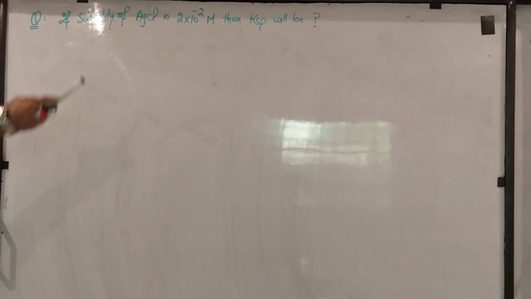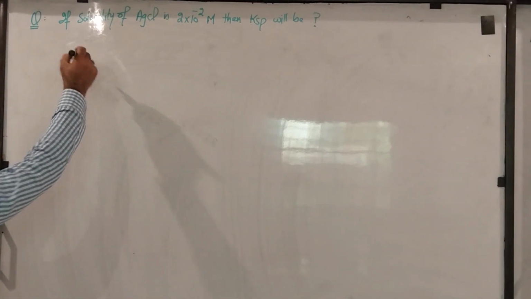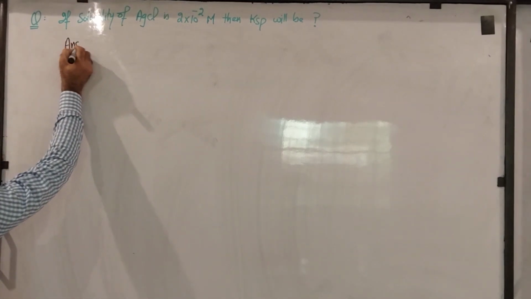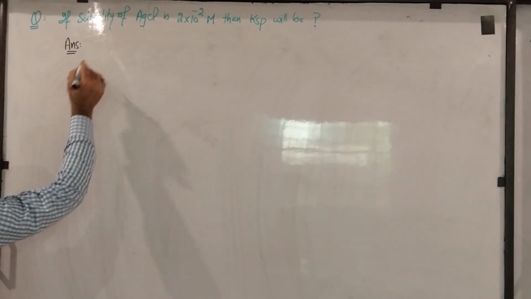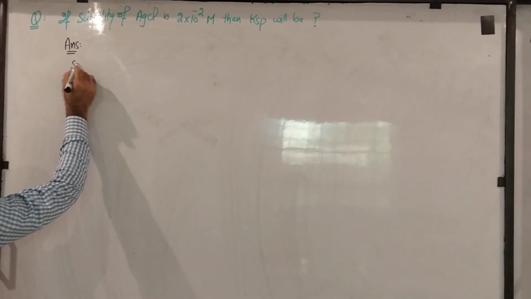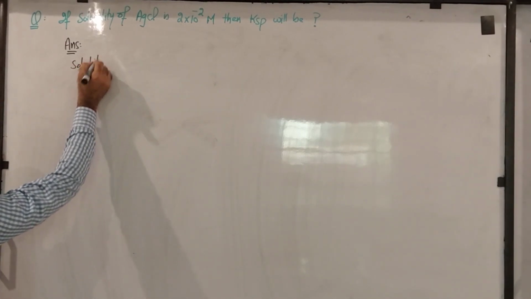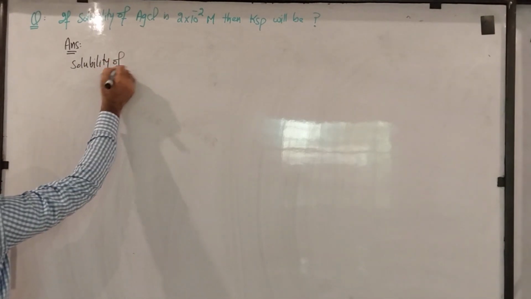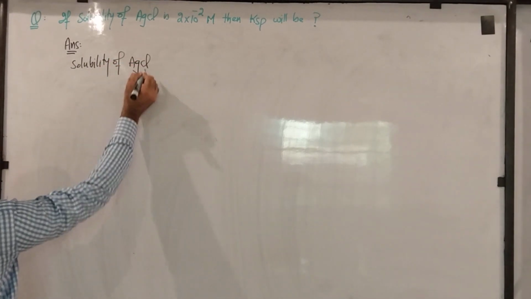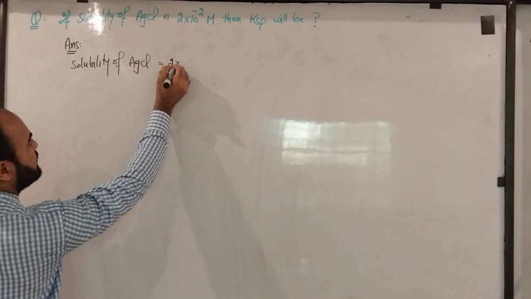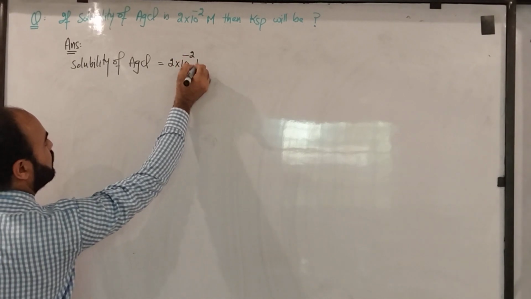If you have the solubility of a sparingly soluble salt, how do you solve this numerical? Look here. In this question, the solubility of silver chloride is given, and that is 2 10 raised to power minus 2 mole.